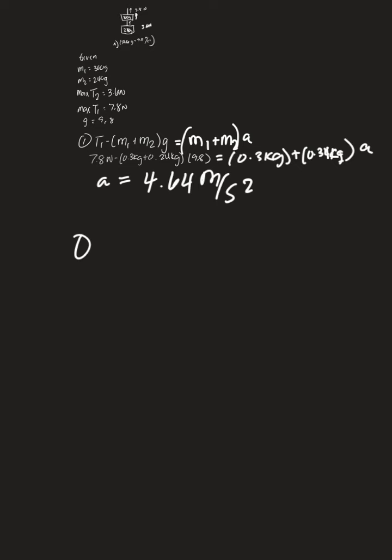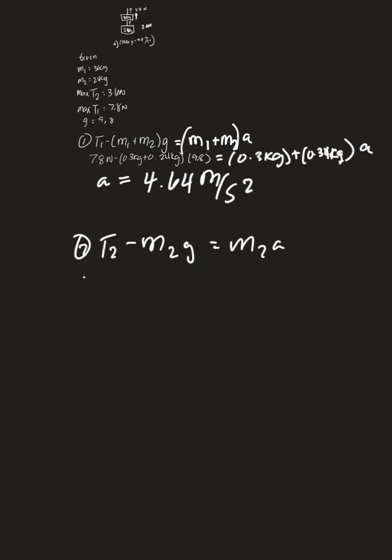Now we do 2. T2 minus M2 g equals M2 a. So that means the tension 2 minus the mass of 2 times gravity equals the mass of 2 times acceleration.